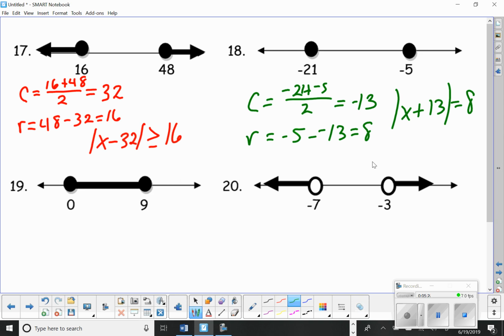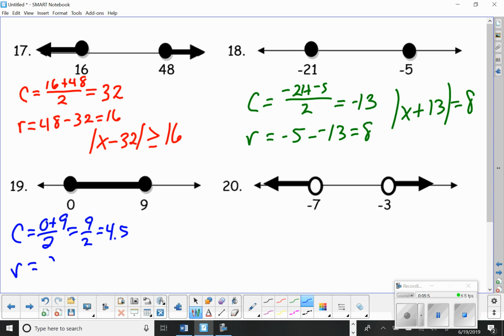Let's see, number 19. We have, change colors, our center is equal to 0 plus 9 over 2. And that's going to be equal to 9 halves. And that's 4.5. I would take it either way.